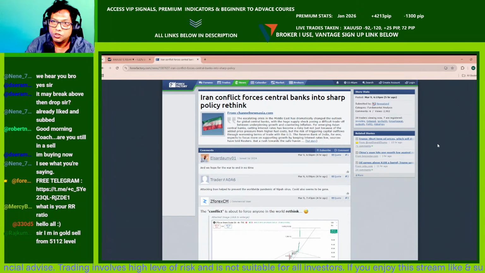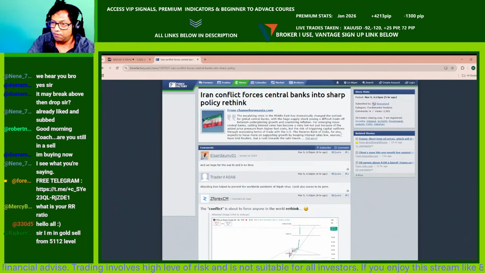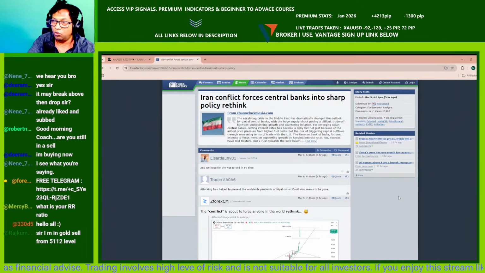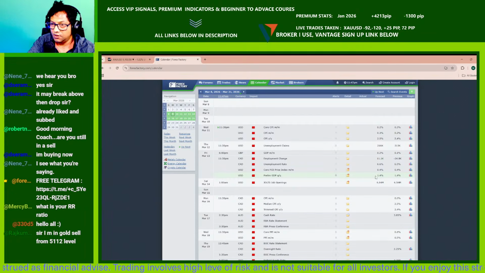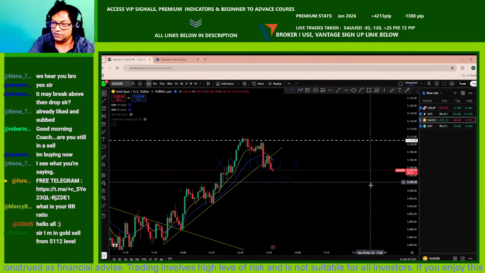Okay, so there might be some, you won't be surprised to see interest rates rising in some areas. So let's think of that.